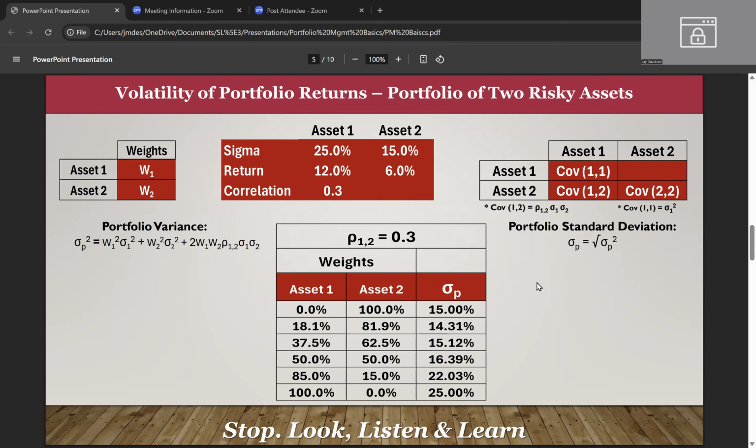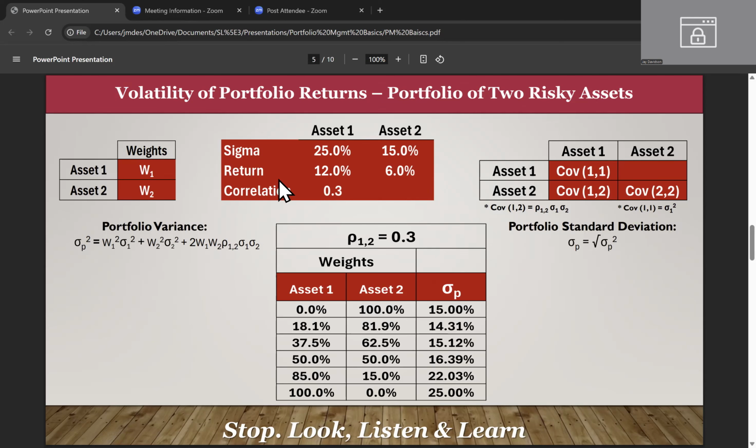And what those terms mean is that if they're perfectly positively correlated, if asset one's return increases by 1%, asset two's return will also increase by exactly 1%. And if they're perfectly negatively correlated, what that means is that if one return increases by 1%, then asset two's return is going to decrease by exactly 1%. So you have the offset there, right?